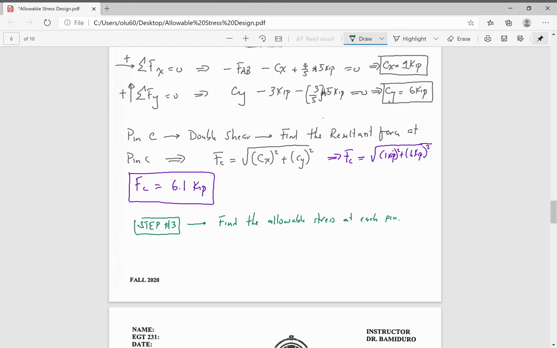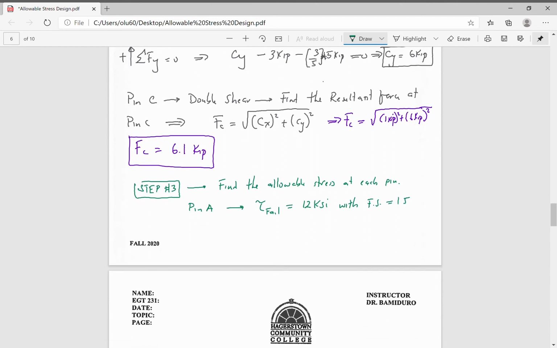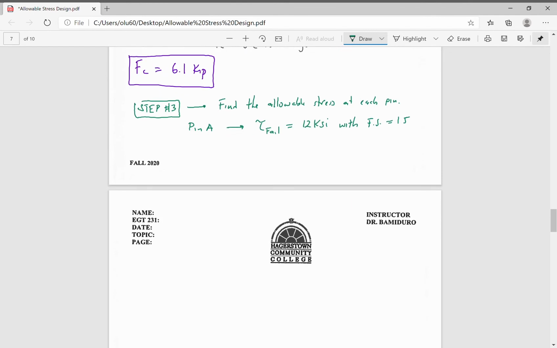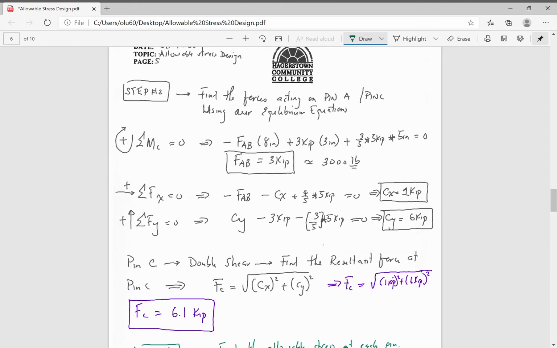So for pin A, we know that the shear that's going to cause it to fail, they've given to us to be 12 ksi, with a safety factor of 1.5.